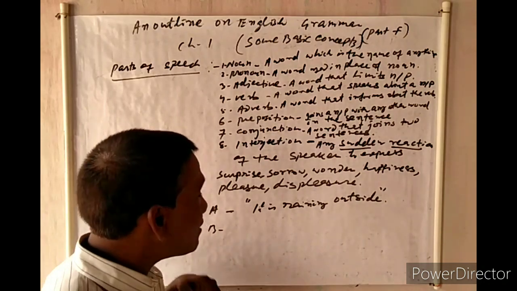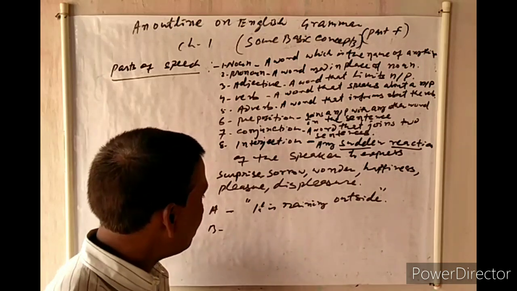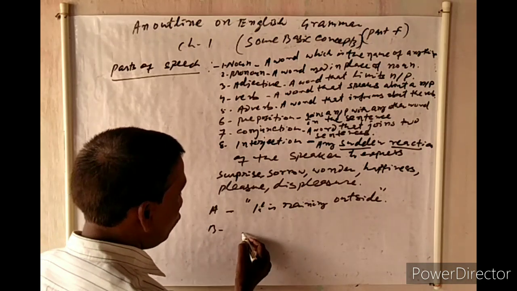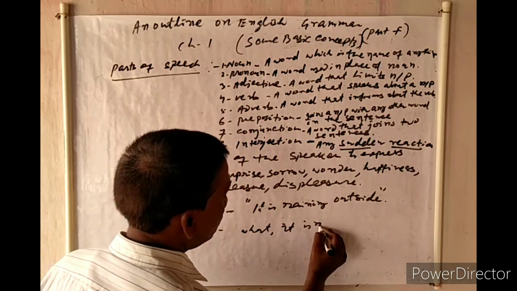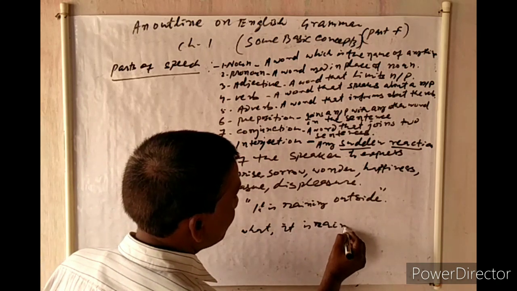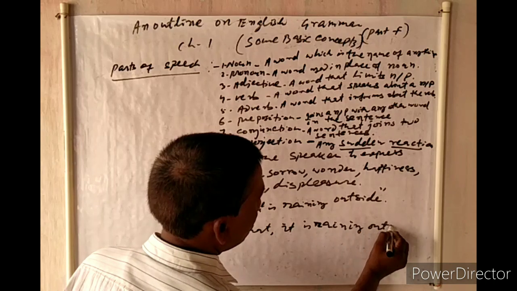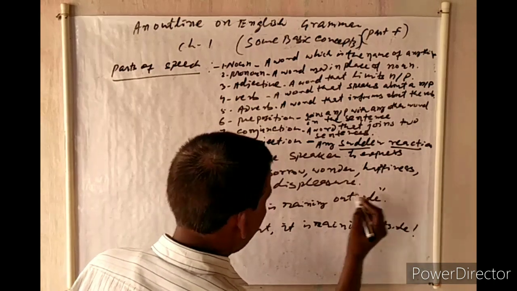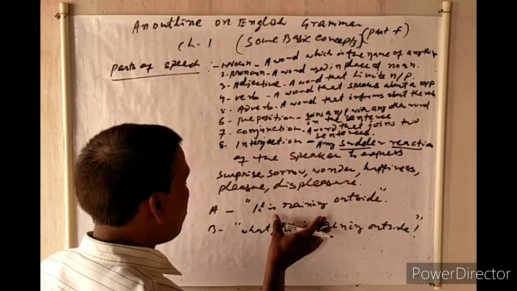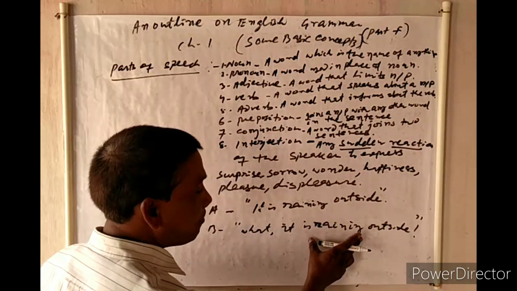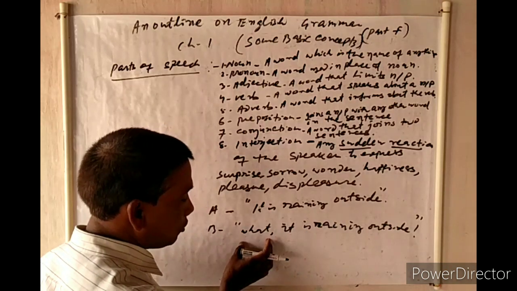So when he listens to the sentence of A, he reacts, "What? It is raining outside."